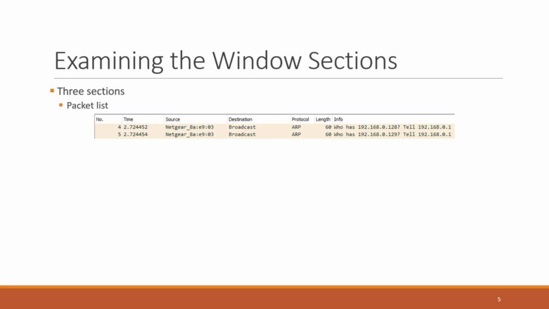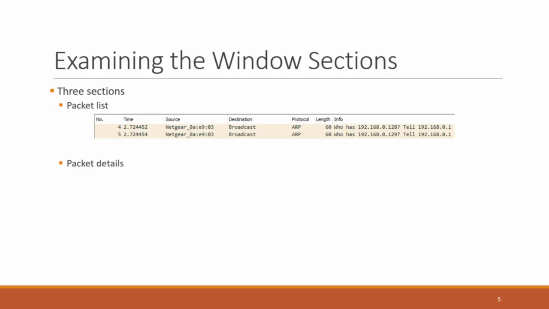In this case we have a Netgear source, and the destination is the broadcast address, our network broadcast address. And this is Address Resolution Protocol, which is basically asking who has this address, tell me. We'll look at that in more detail as we expand and learn more about TCP/IP and how to conduct analysis of TCP/IP traffic.